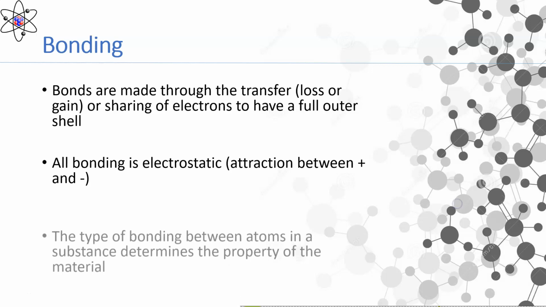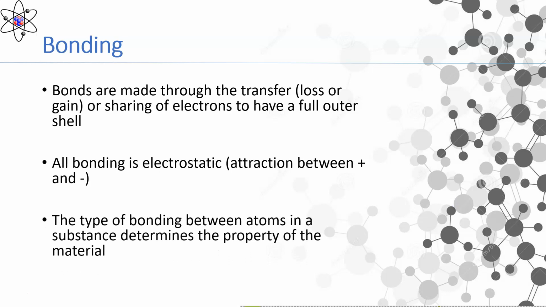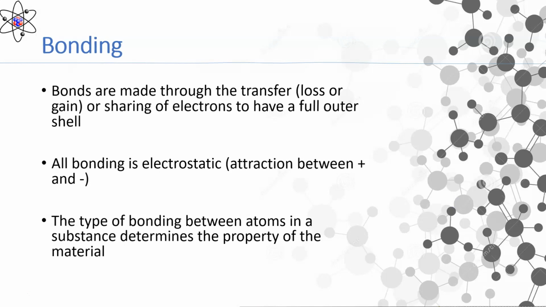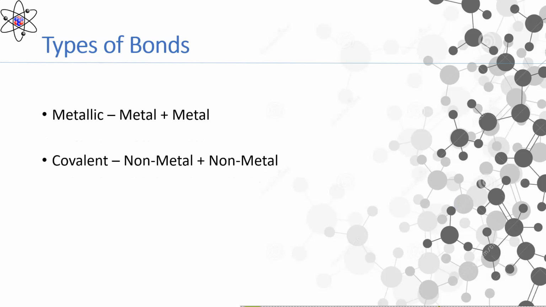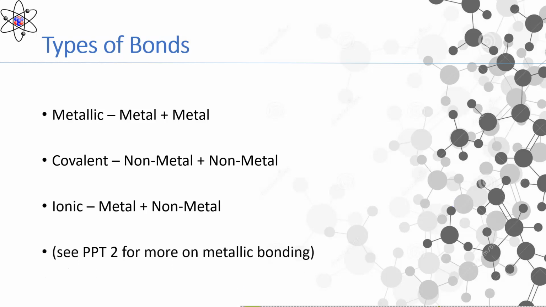It's an attraction between the positive and negative charges. The type of bonding between atoms in a substance determines the property of that material. We've got 3 types of bond: metallic, which is metals and metals bonding; covalent, which is non-metals and non-metals bonding; or ionic, which is a non-metal bonding with a metal.